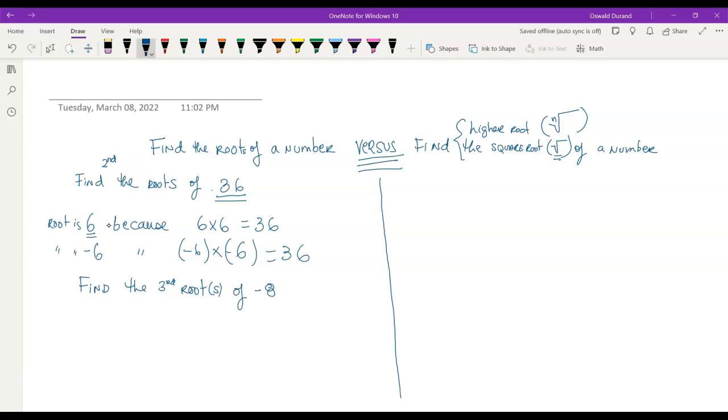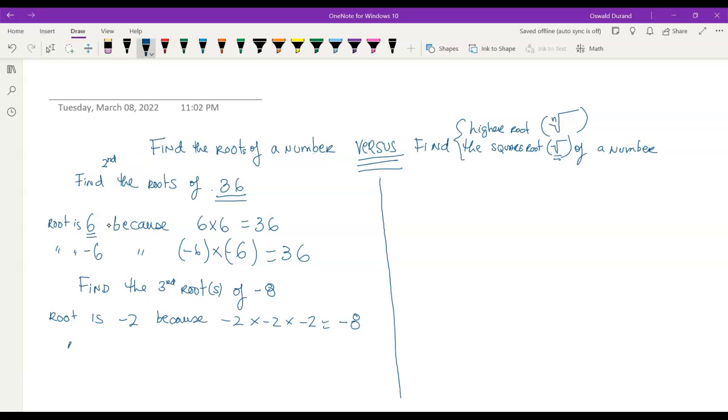Then in this case, the root is -2 because -2 times -2 times -2 is equal to -8. Okay, so the root is negative.